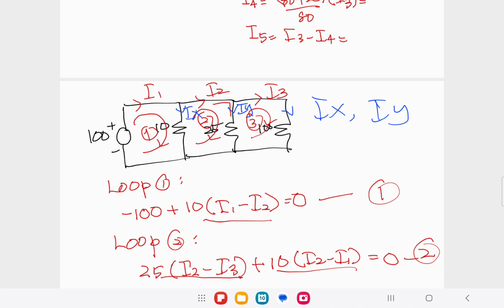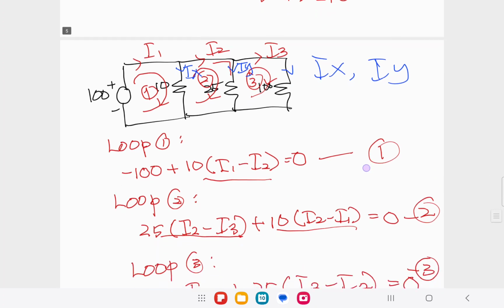For this method yang KVL yang saya tunjuk, this one is untuk dapatkan I1, I2, I3 yang dekat atas. Once you dah dapat the current yang tak sharing, bolehlah kira current IX dengan IY. IX dan IY tu adalah current yang sharing between two adjacent loops.